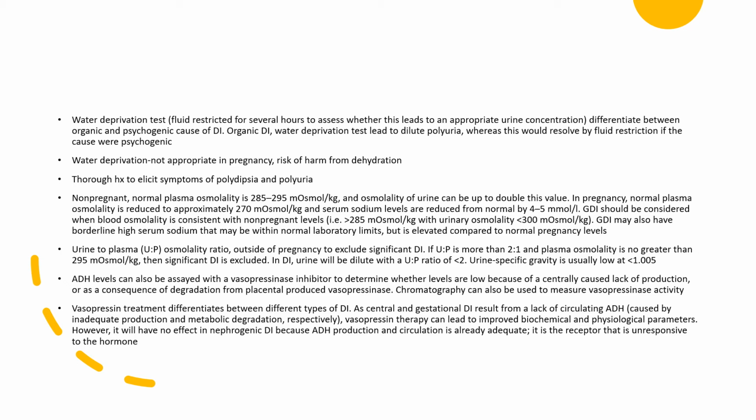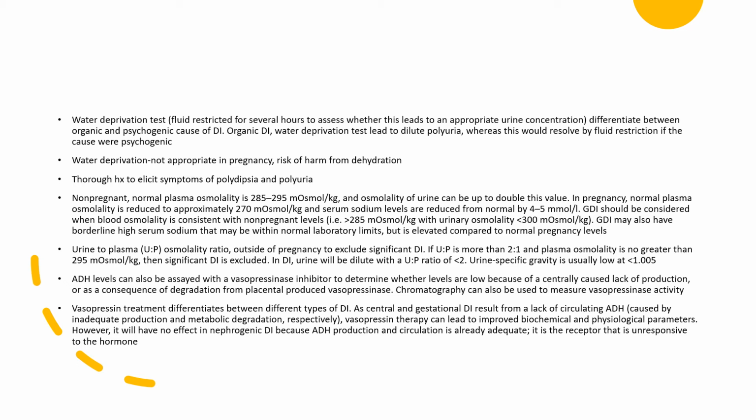Urine to plasma osmolality ratio outside of pregnancy is used to exclude significant diabetes insipidus. If the urine to plasma ratio is more than 2:1 and plasma osmolality is no greater than 295 milliosmoles per kilogram, then significant diabetes insipidus is excluded.